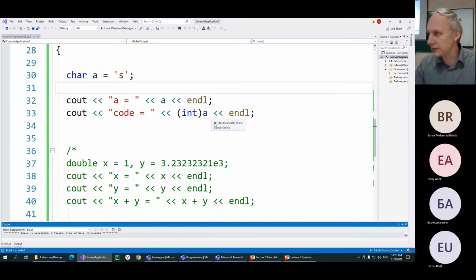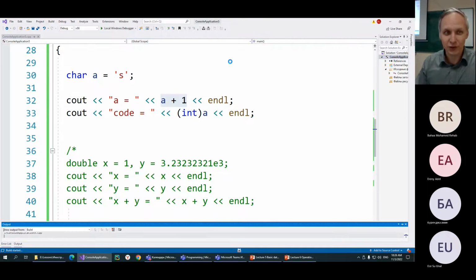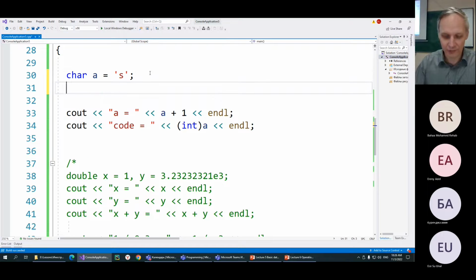All the symbols are written in alphabetic order. What is the next symbol in the alphabet after s? t. Okay, the next symbol is t. Let me show you this feature. a plus 1. Yes. We will see t on the screen, or of course, it should be done like this: a equals a plus 1.